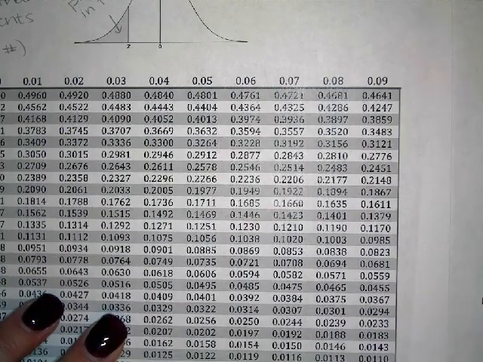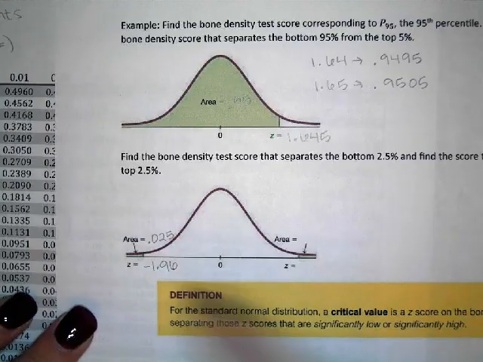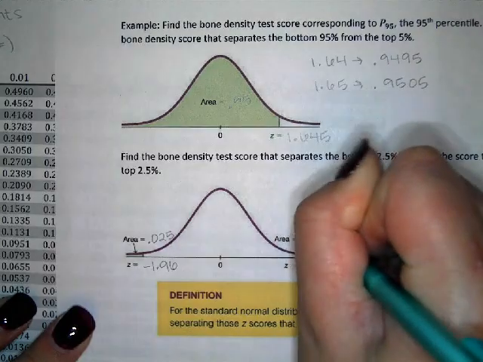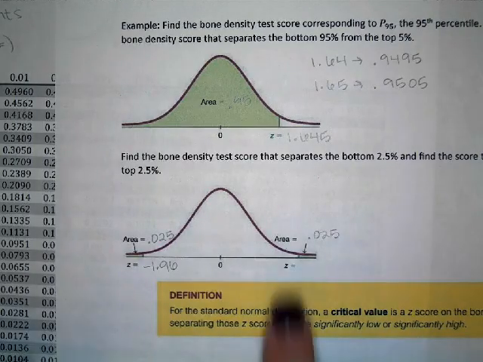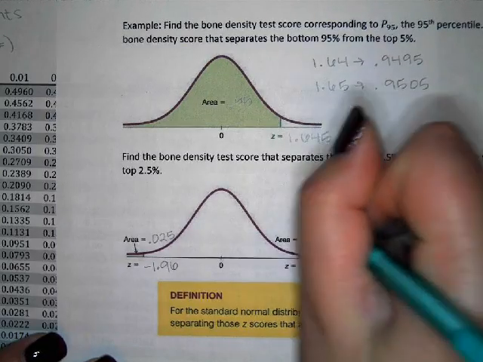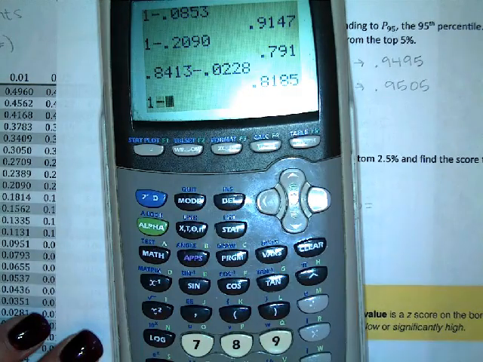Now this little area up here we know is 0.025, but our table doesn't measure areas from the right, it measures areas from the left. And so if I want to know where I would look on the table, I would actually look at 1 minus 0.025, which is 0.975. That's what I'm actually going to look for on the table.